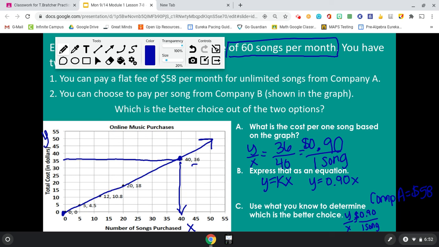We're looking for our Y. So 60 times 90 cents for each song would be $54. So if I had 60 songs, Company A would be $4 cheaper. Oh, I'm sorry, Company B would be $4 cheaper. Company A is 58 and Company B is 54. So Company B.